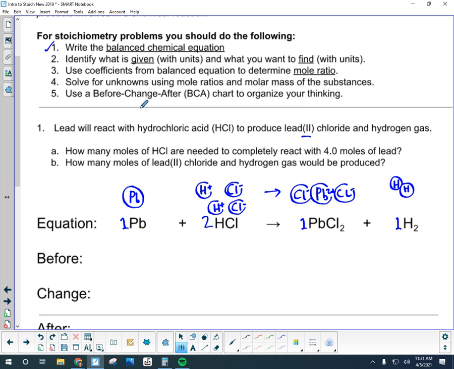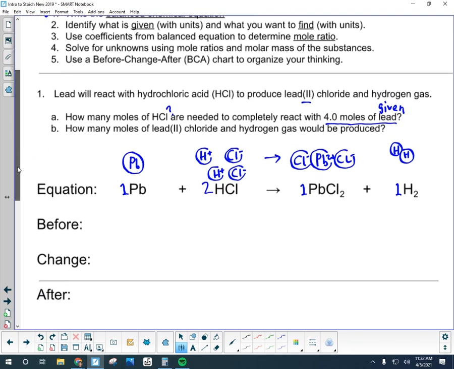And next we want to identify what's given with units and what we want to find. So it says how many moles of HCl are needed. That's one of our questions that we want to answer to completely react with 4 moles of lead. That is our given in this case. And I'm going to go ahead and put that into my chart.